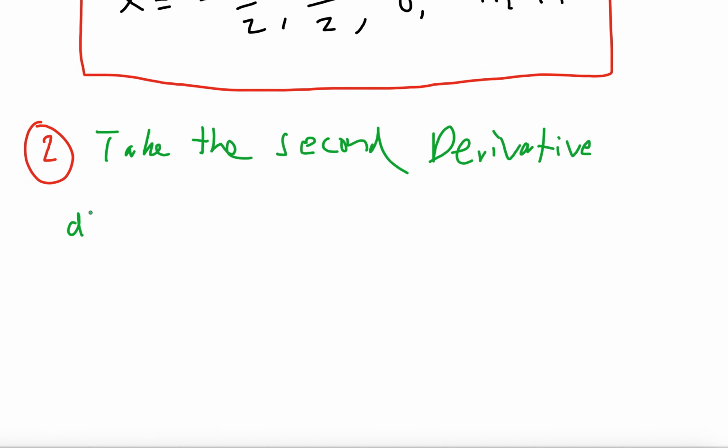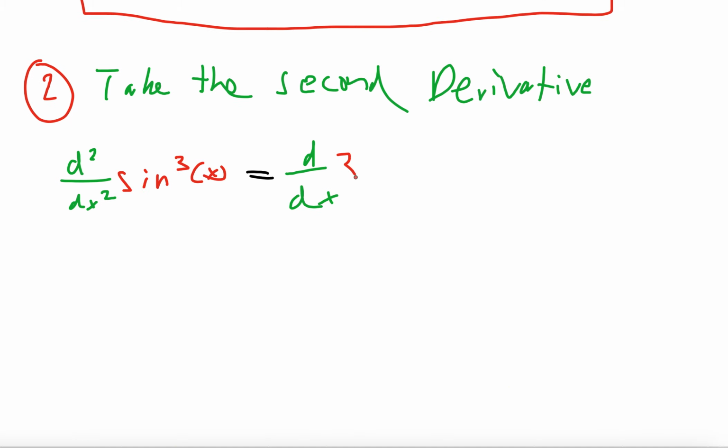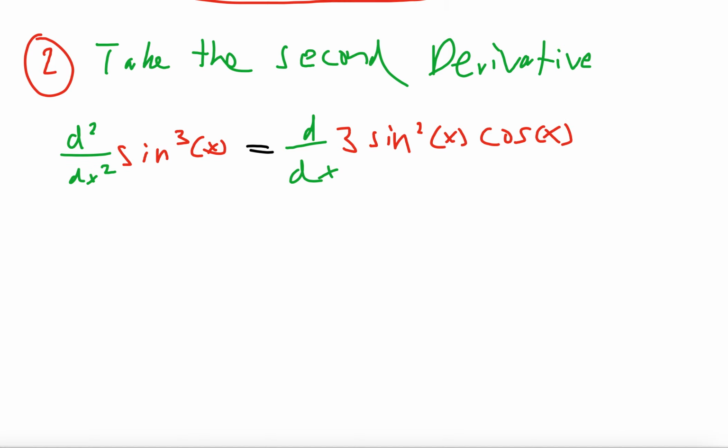So we have to do d squared over dx squared of sine cubed x. And we've already taken that derivative once, so this is equal to the derivative with respect to x of the regular first derivative of that function right over here, 3 sine squared x cosine x. And by the product rule, we can do this really easily.